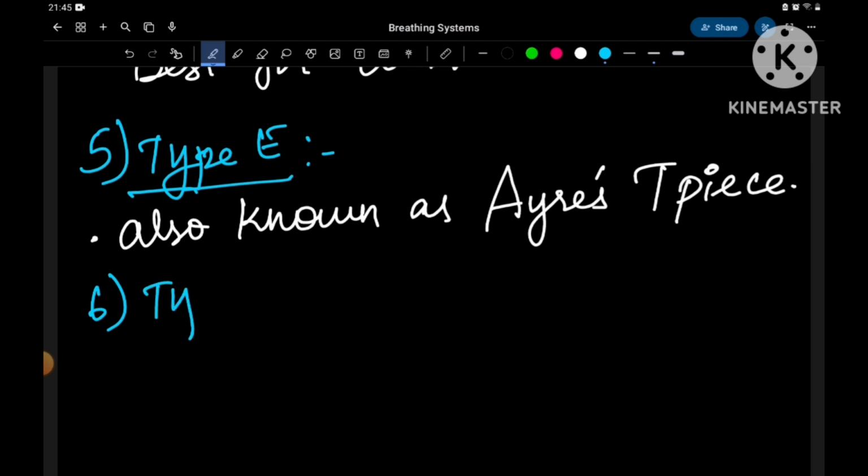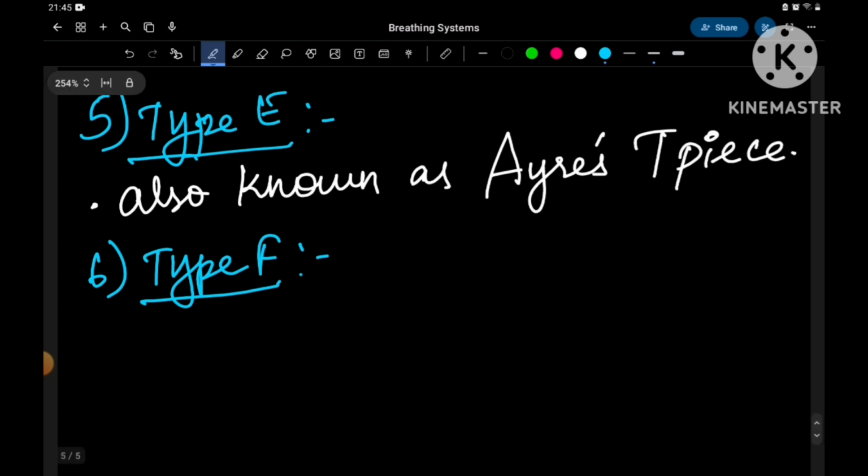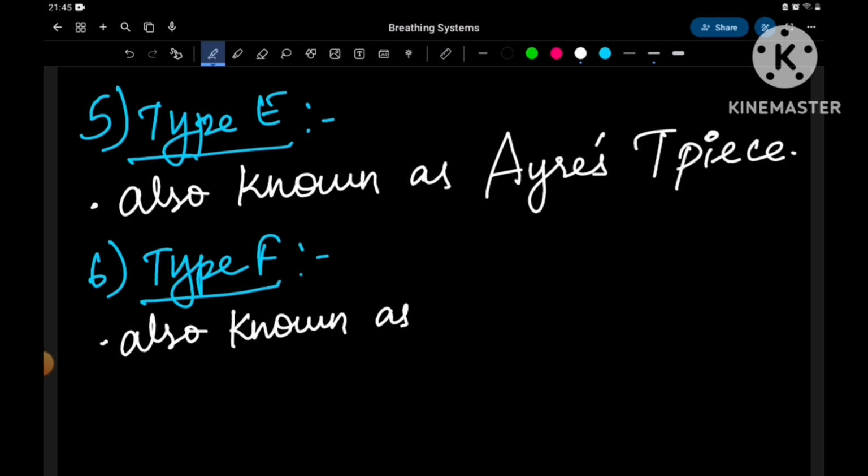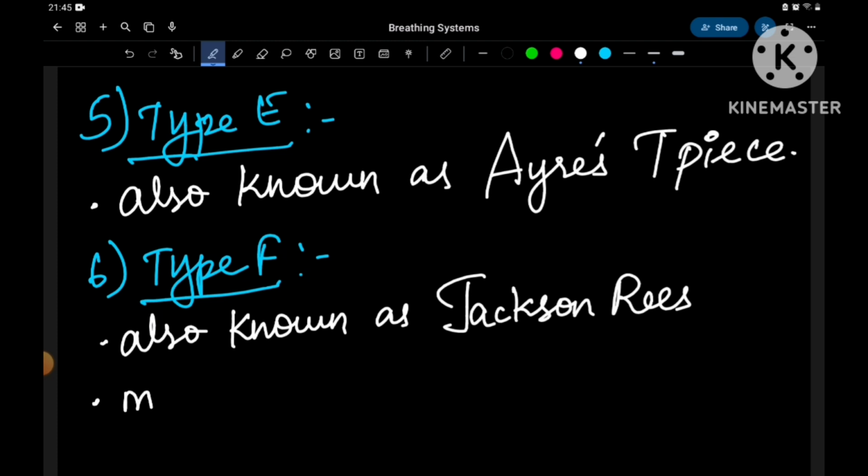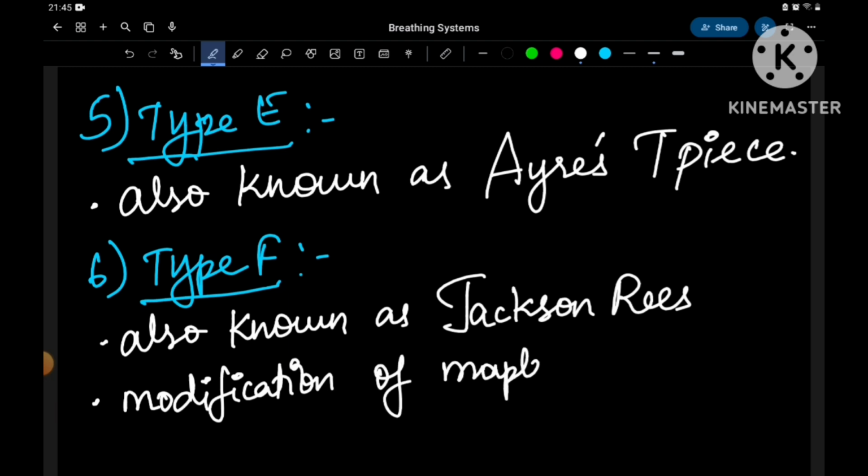It is type F, right? It is also known as Jackson-Rees circuit. It is a modification of MAPLESON E. What is modification of MAPLESON D?